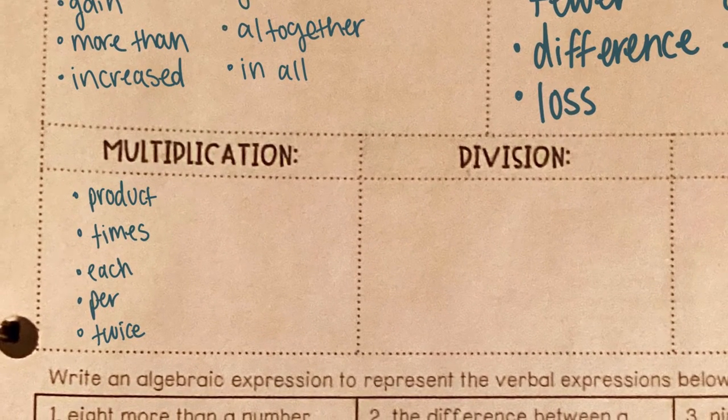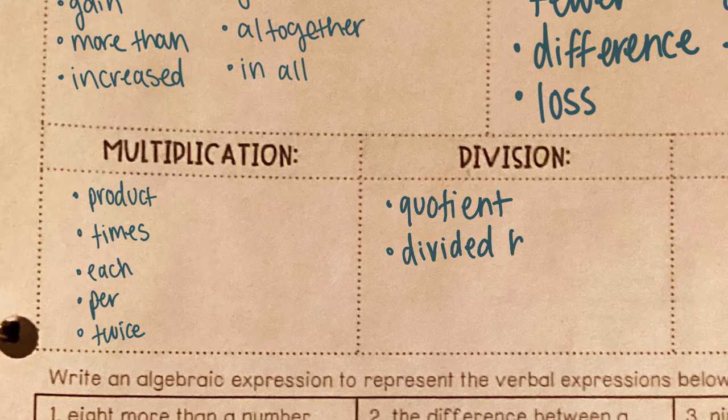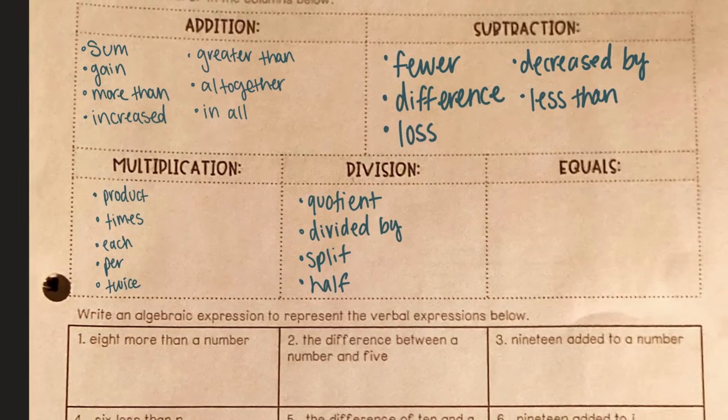For division, we have quotient. Find the quotient means we're dividing. Divided by. Split. To split is like dividing by 2, cut something in half. Okay, those are the main division words that you'll see when writing out equations and expressions.